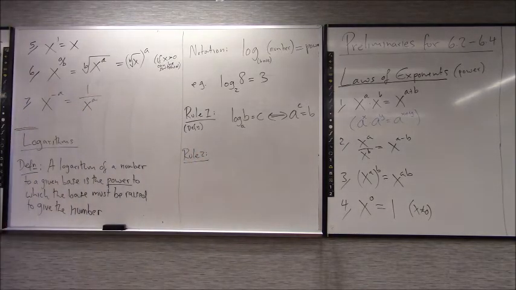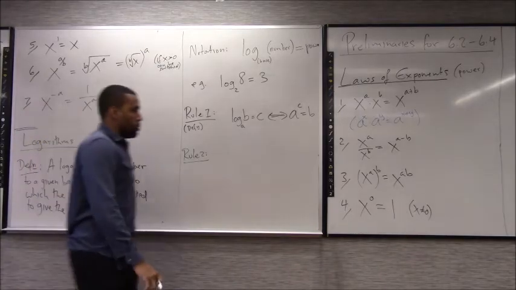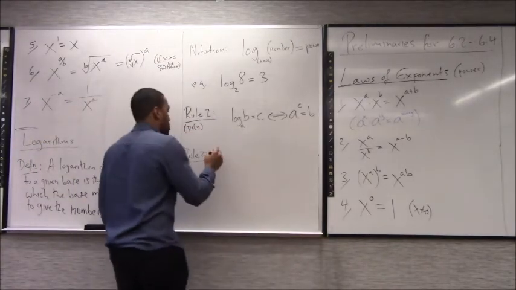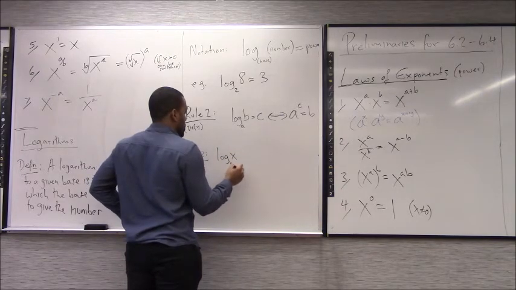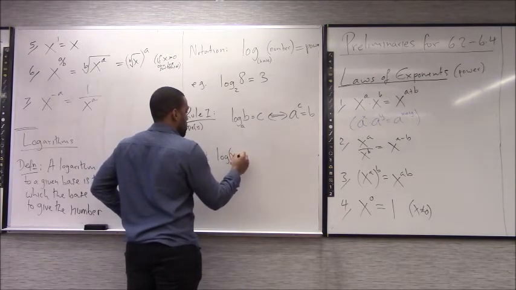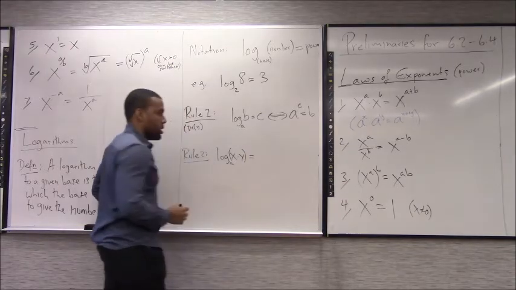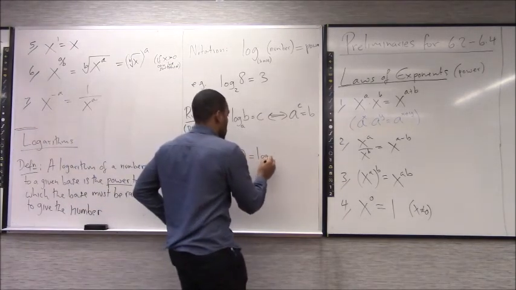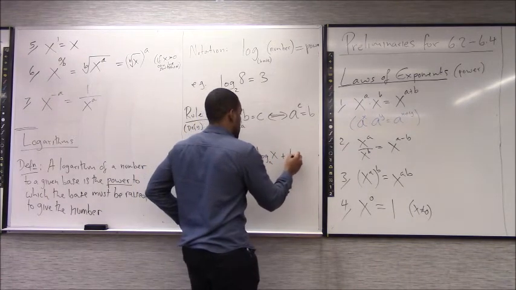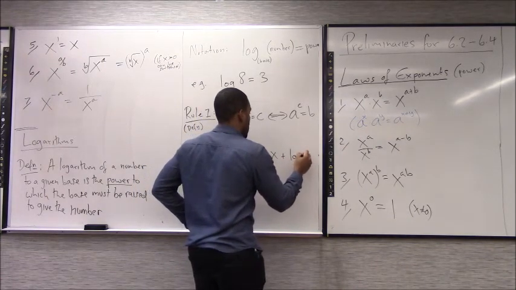That idea leads us to a lot of things. For example, if you have log to the base a of x and you're multiplying it by y, what can you do with that? You can add the logarithms, log to the base a of x plus log to the base a of y.